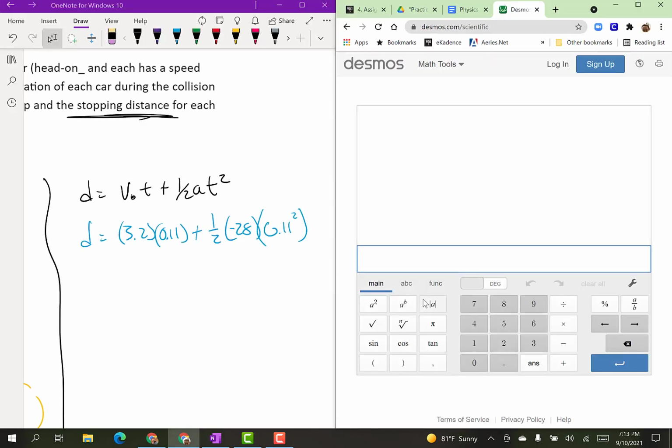So this is going to be 3.2 times 0.11, close parentheses, plus open parentheses, 1/2 is 0.5, times negative 28 times 0.11 squared.